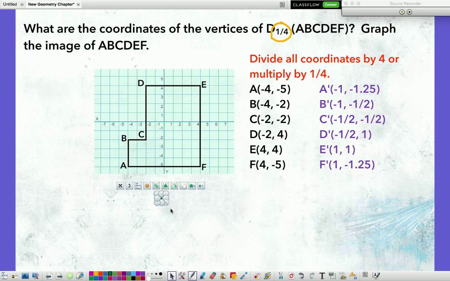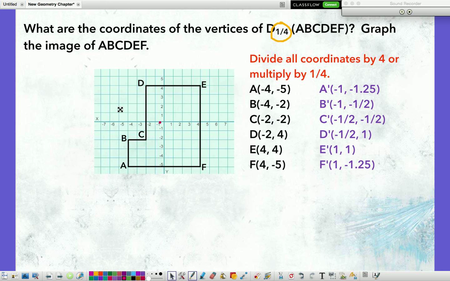Okay, now again, when we're talking about 1.25 or -1/2, like I said, this is just your best estimate of where to put this on the screen.